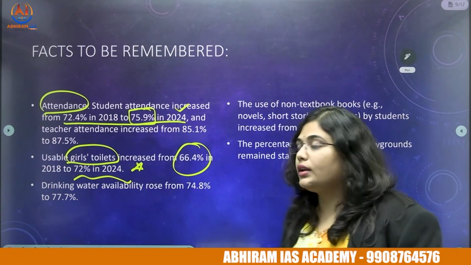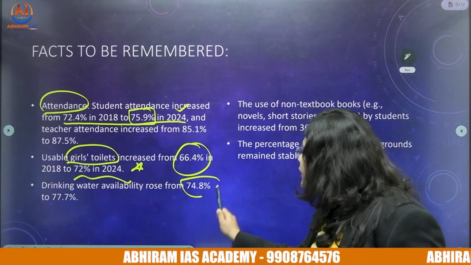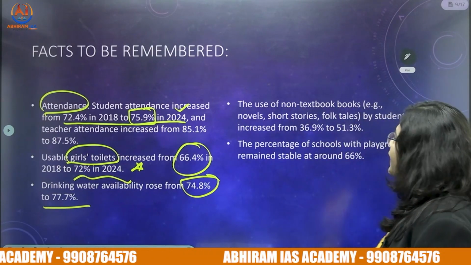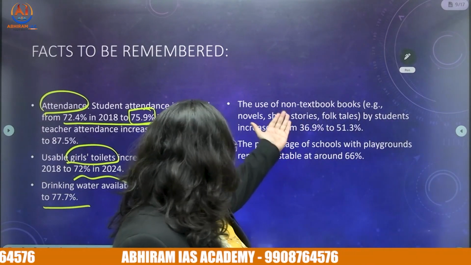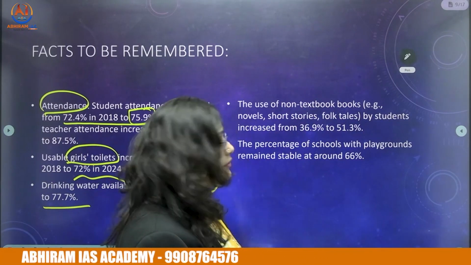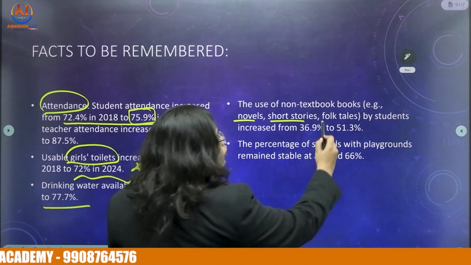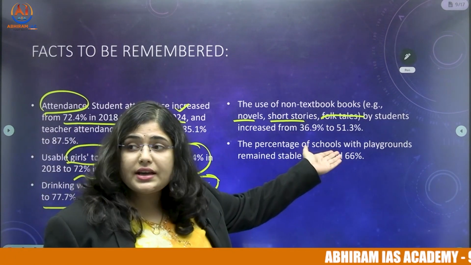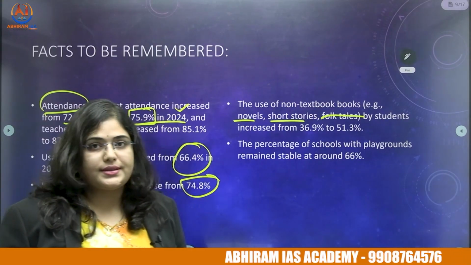And the drinking water availability rose from 74.8% to 77.7%. And now, the use of non-textbook books, for example novels, short stories, folk tales, etc. by the students increased from around 37% to 51%.